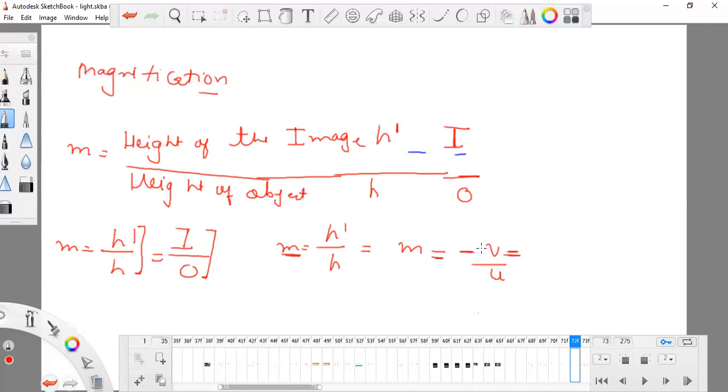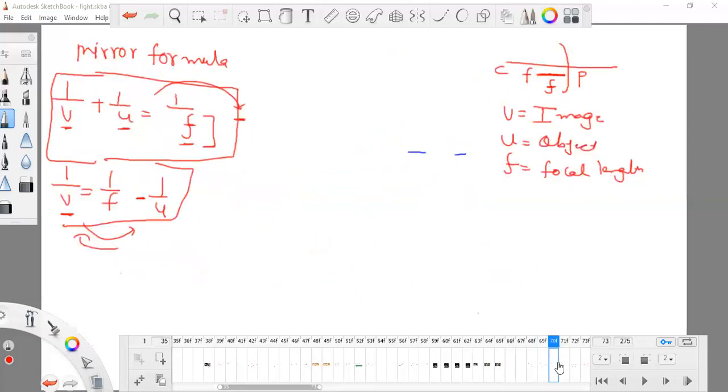V was the distance of the image, and u was the distance of the object. So I can use this formula, and I can also use the other formula. So these formulas are the same. From the mirror formula I can find the distance of object, image, or focal length. Okay, this is the distance.